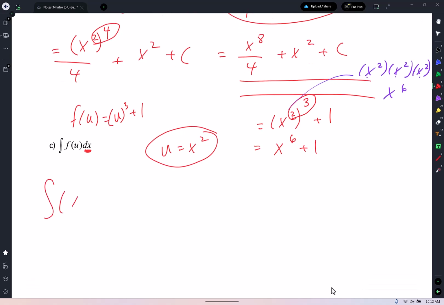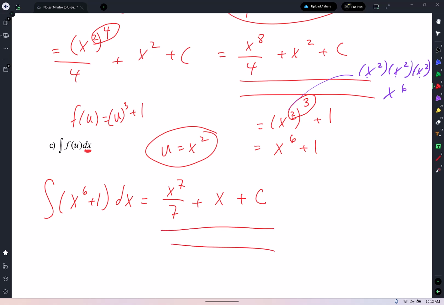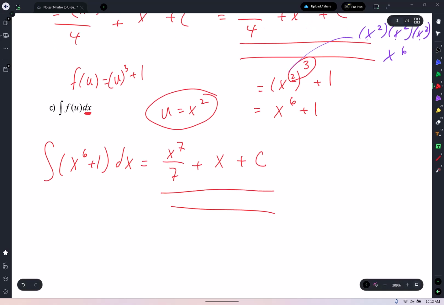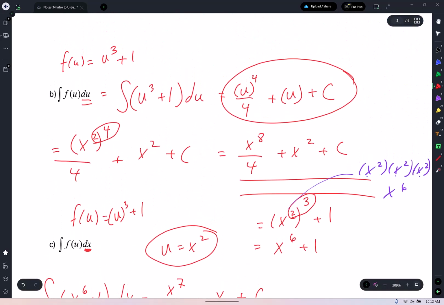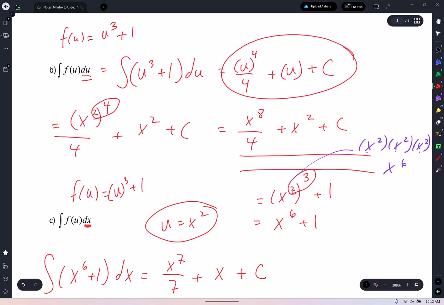Integral, parenthesis, x to the 6 plus 1, close it, dx. What's the antiderivative of x to the 6? Over 7 plus x plus c. Don't ever forget the plus c, guys. Okay. Now I think we know the difference. Don't worry, we're not pros yet.